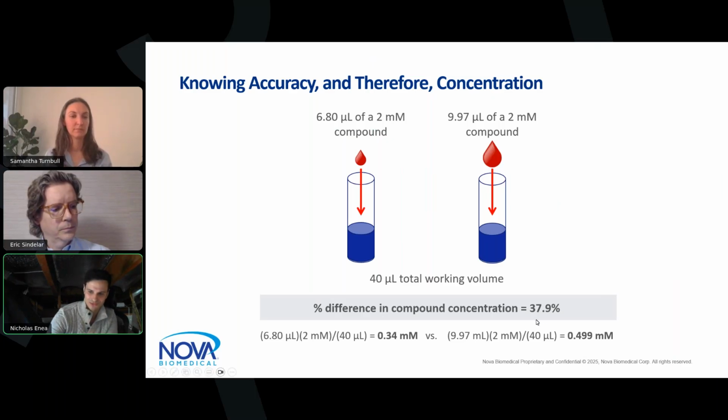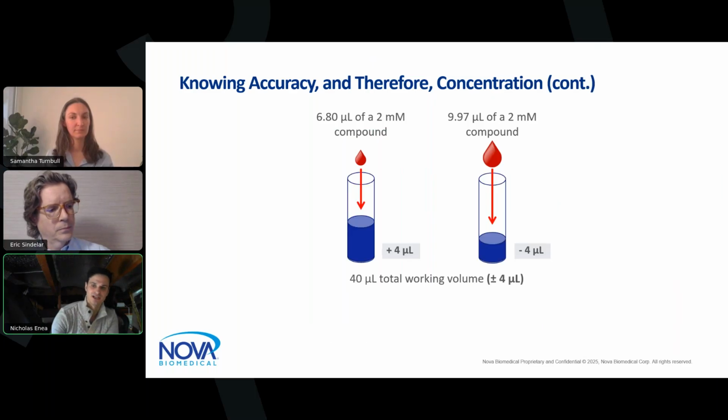That can result in a difference of around, let's just round up to about 40% in compound concentration. That's super big. These compounds, just to do one of these assays can mean multiple hundreds of thousands of dollars. If you're overly concentrating your compound or diluting your compound out, that's super big when it comes to screening, right? Not to even mention the working volume that you're actually putting your compound in.